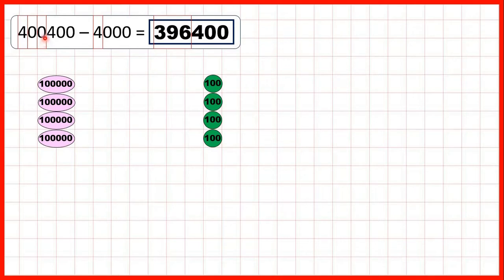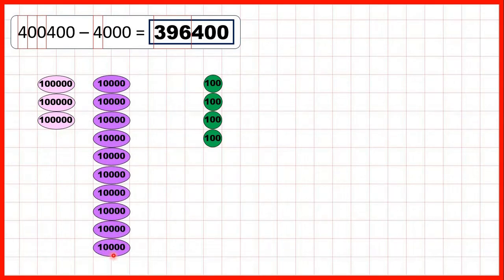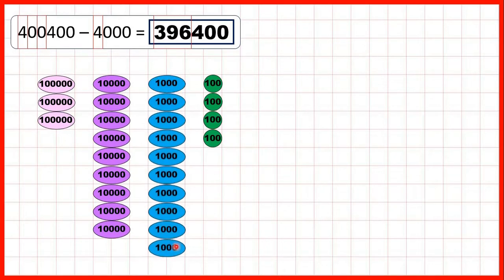Finally, we had 400,400. We needed to subtract 4,000, but we don't have any 1,000 place value counters here. First, we can take one of our 100,000s, and that has the same value as 10 10,000s. But now we can take one of our 10,000 counters and exchange that for 10 thousands.